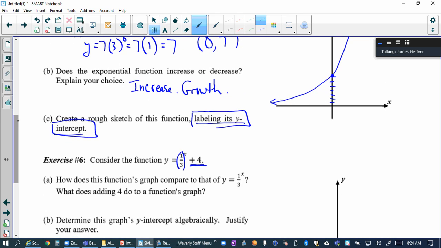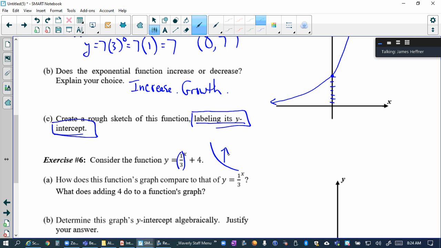Well, all right, let's think about it without the +4 for a minute. Right? And you know it's going to be kind of like this, right? But then we do +4 to every value in the table of values. What do you think that'll do to the graph? Want to just shift it up 4 to make everything 4 larger than what it normally would be?